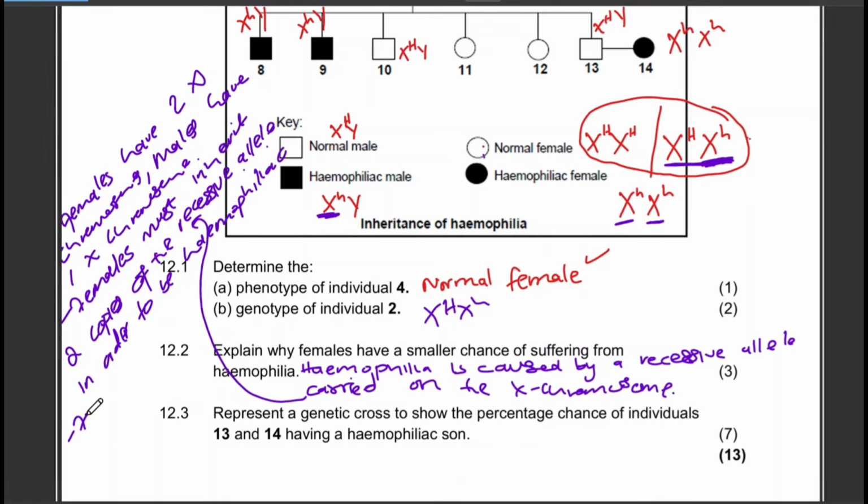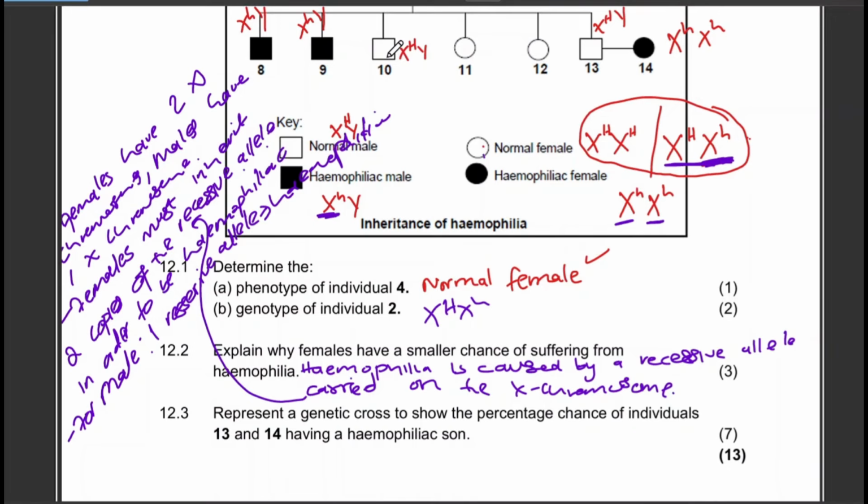Whereas for males, if they inherit 1 recessive allele, they obviously have hemophilia. So there's a smaller chance. Males, you inherit 1 allele, done. You have hemophilia. Then for females, they would need to inherit 2.